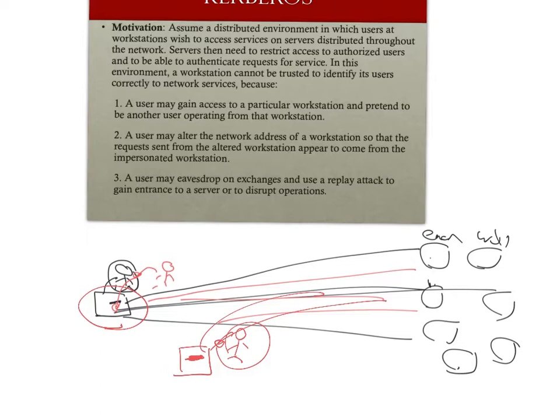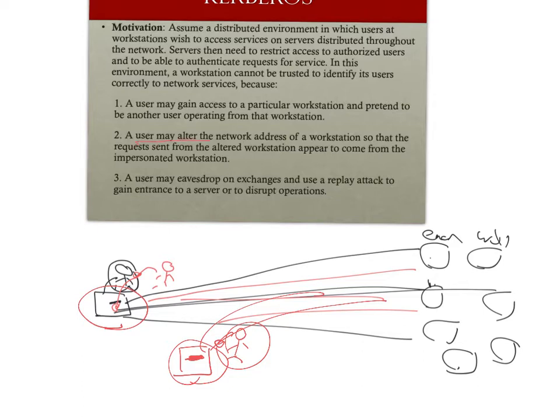You might ask how. They can actually manipulate the workstation to have the same IP address or sometimes the same MAC address. There is some attack where you can spoof the MAC address, right? And they can use another workstation to send requests as if they're coming from you on another workstation. Okay?